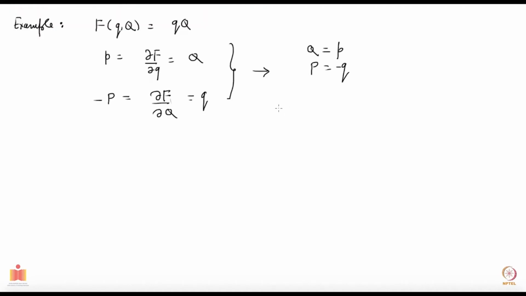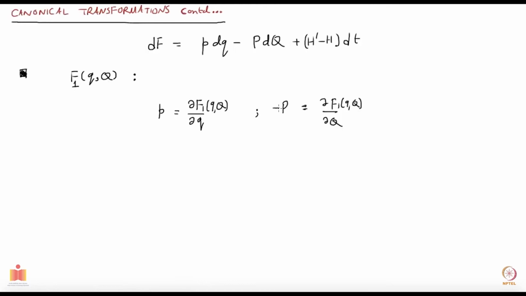Let's go back. That is correct. And the third was that my h prime is h plus del f1 over del t. So you can put the indices.